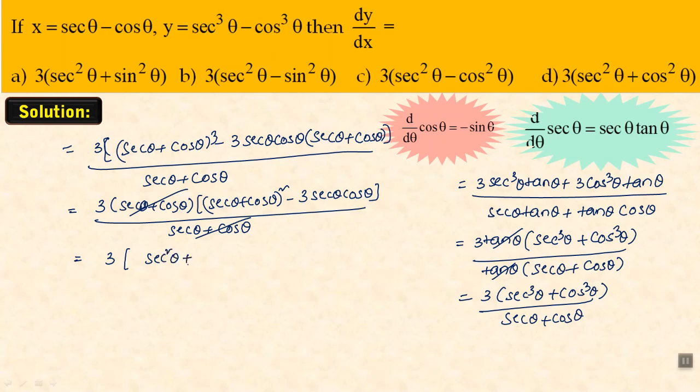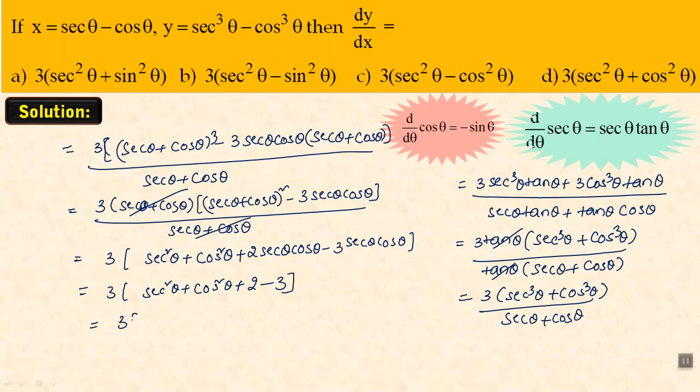So here secant square theta plus cos square theta plus 2 into secant theta into cos theta minus 3 into secant theta into cos theta, that equals 3 into secant square theta plus cos square theta plus 2 into, we know that secant theta into cos theta is 1, minus 3 into secant theta into cos theta is 1, equals 3 into secant square theta plus cos square theta, 2 minus 3, that is minus 1, equals 3 into secant square theta cos square theta minus 1 equals minus sin square theta. Therefore, the answer is option B.